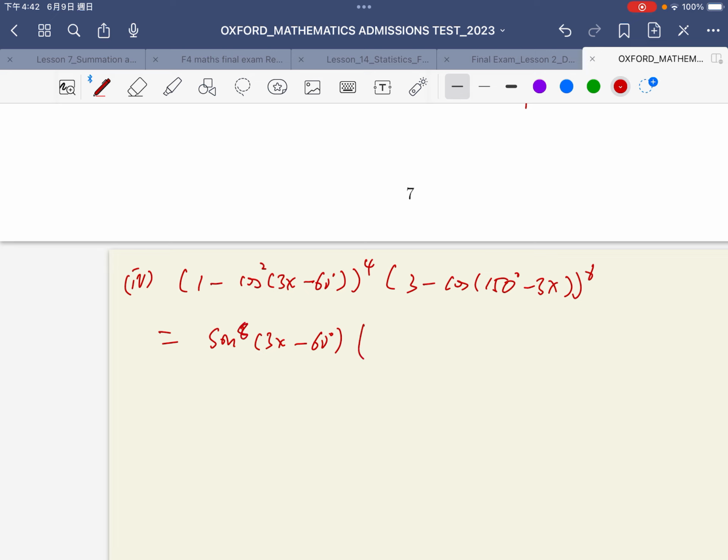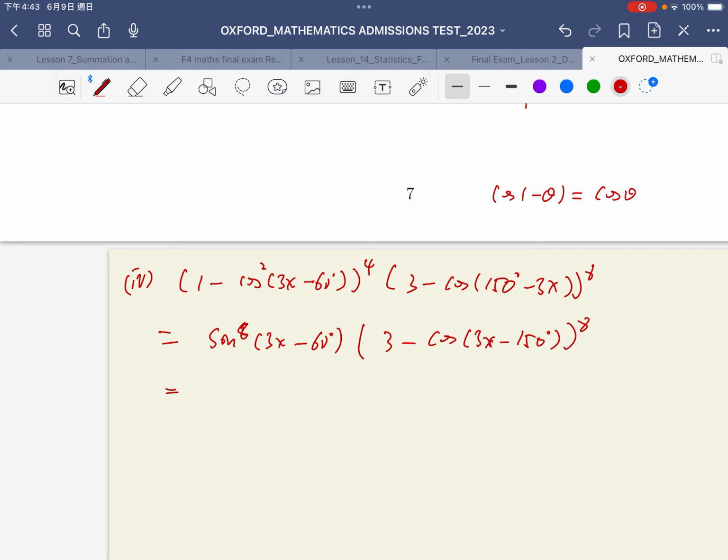For this one, as cosine of minus theta is equal to cosine theta, I change cosine of (150 minus 3x) to cosine of (3x minus 150), to the power 8.